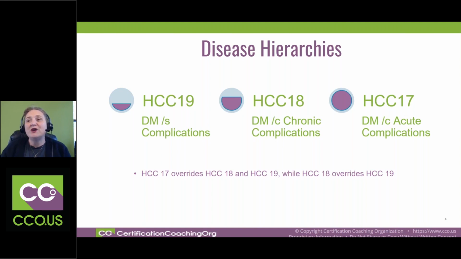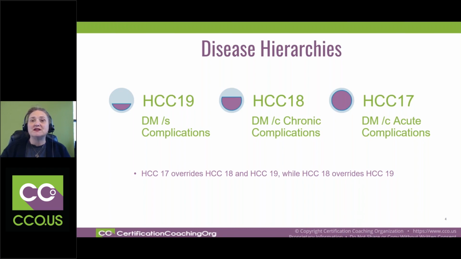But when you have a patient that has a chronic complication, that HCC changes to an 18. And that would be something like stating that your patient has neuropathy or polyneuropathy. That's a chronic complication. And so, if a patient has an acute complication, that will change that patient's HCC to a 17.